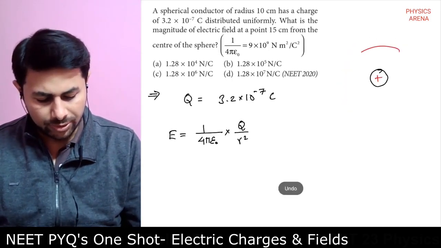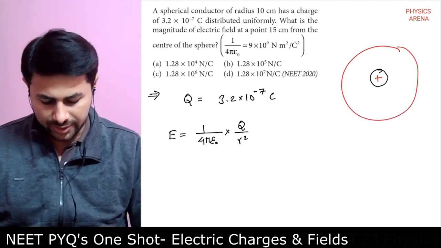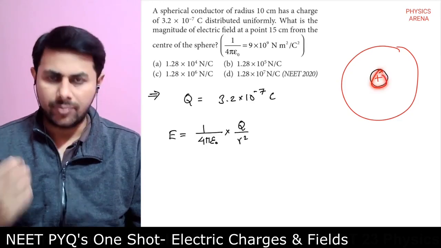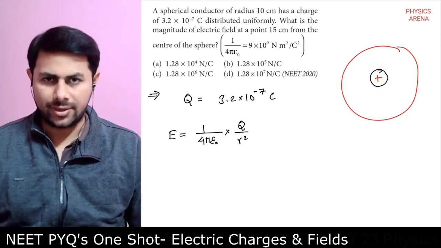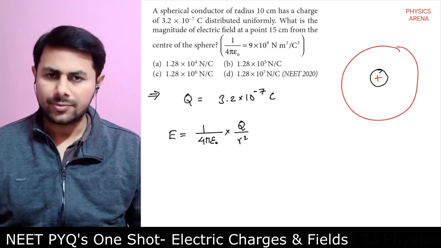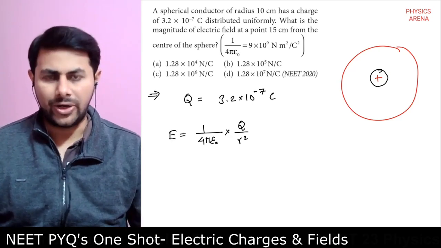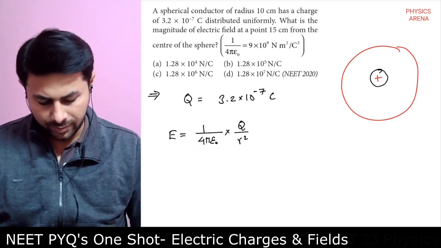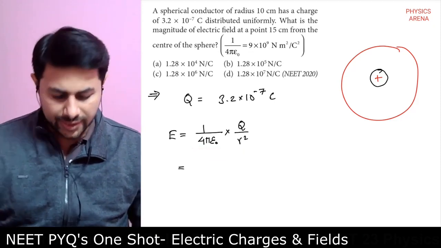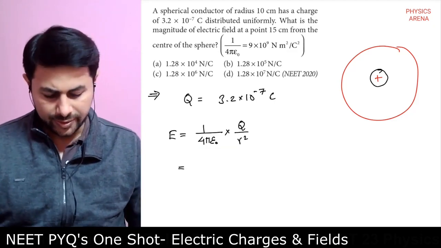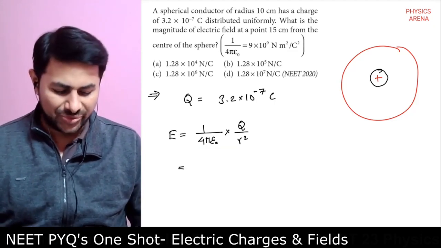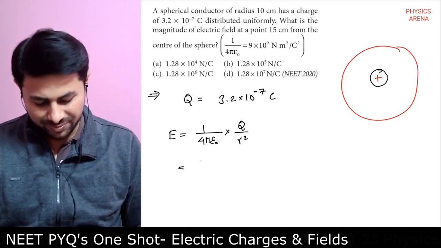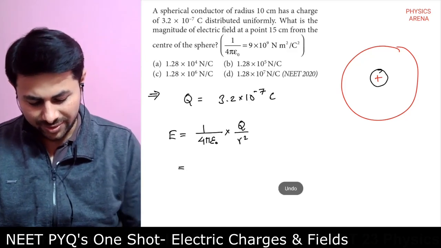Then for all outside points, this conductor acts as if there is a charge plus q kept at the center of that conductor. So it just acts like a point charge, and that's why this is the formula for the electric field. We should have seen this question tomorrow only, but anyways, this is the formula. So we just have to substitute values here.